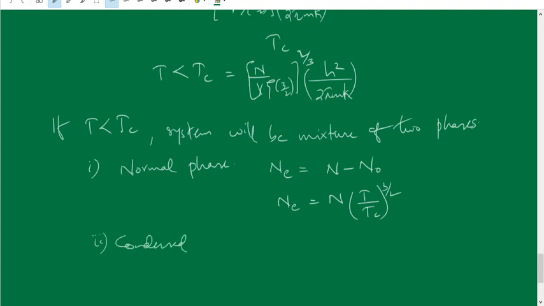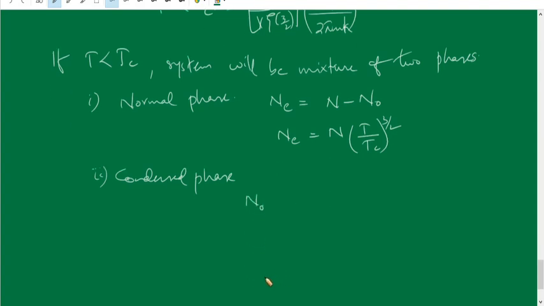In the condensed phase, n0 number of particles will be pushed towards the ground state. n0 can be written as n minus n into t by tc whole raised to 3 by 2, what remains after the excited states.